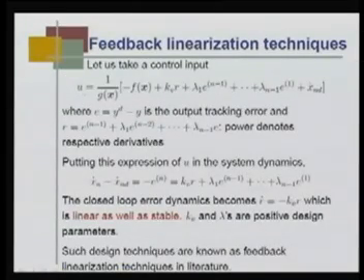So, now let us take a control input u equal to 1 upon g(x) times minus f(x) plus k v, where k v is some constant, into r plus lambda 1 e to the n minus 1th derivative until lambda n minus 1 e first derivative, that means e dot, plus x n d dot.